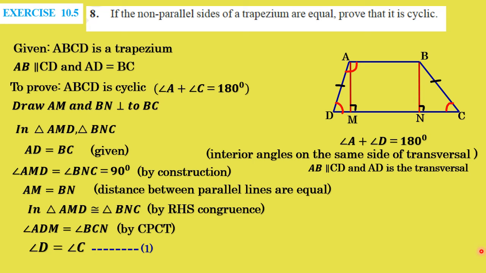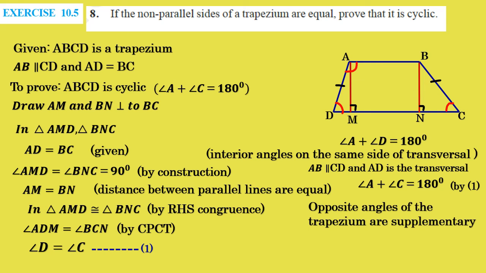Interior angles on the same side of the transversal. AB parallel CD and AD is the transversal. So A plus D equal to 180. But D is equal to C here. So instead of D I can write A plus C equal to 180. That means A and C, opposite angles of the trapezium, are supplementary. So ABCD is cyclic.